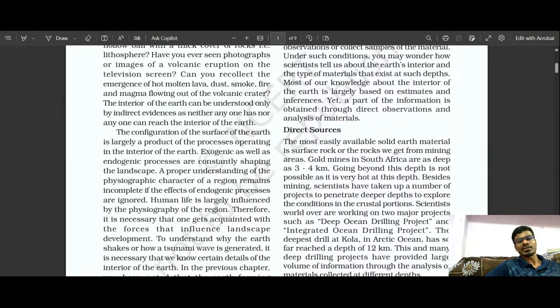Endogenic means from inside the earth, the pressure or forces that act from inside, and exogenic means outside. A proper understanding of the physiographic characteristics of a region remains incomplete if the effects of the endogenic processes are ignored.